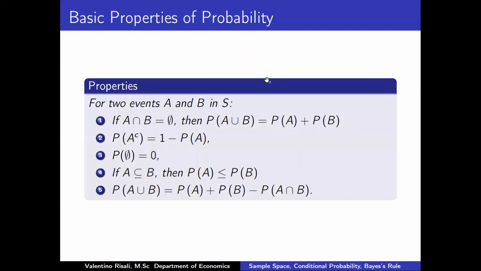To sum up, I put these properties into a box, numbered 1 to 5. This is the conclusion about the results of probability. And of course, you can use these formulas to compute a probability.